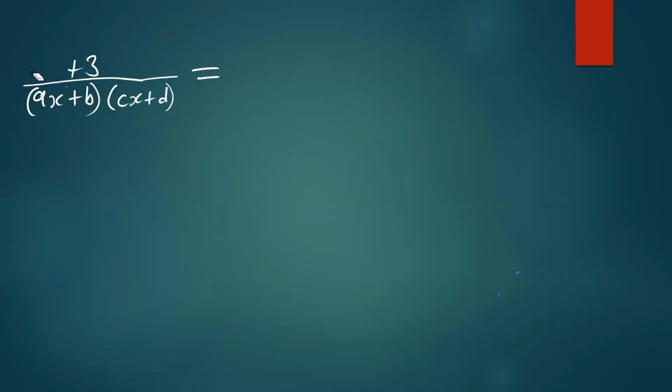So you have something like this, and you've been taught to decompose this fraction into its partial fractions. The standard is that for each linear factor, we introduce a capital letter, which helps us find what we're going to have on the numerator of that linear factor.